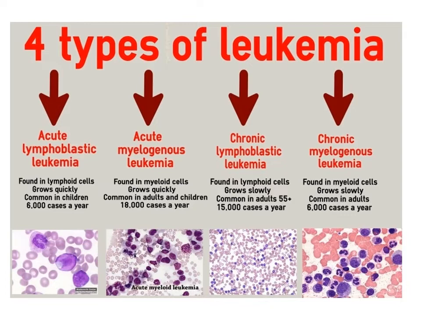The very aggressive one is the second to the left, AML, acute myelogenous leukemia. Okay, that can be in early adulthood to mid-adulthood. That one's more aggressive. But this is really just for your information to see that there's more than one type of leukemia, because there's more than one type of white blood cell.